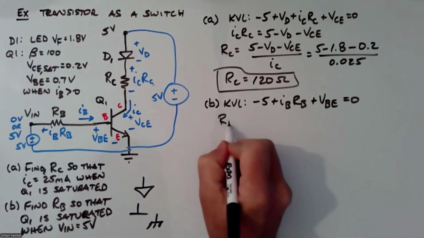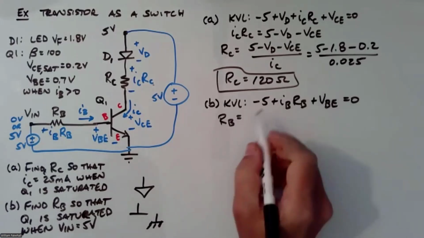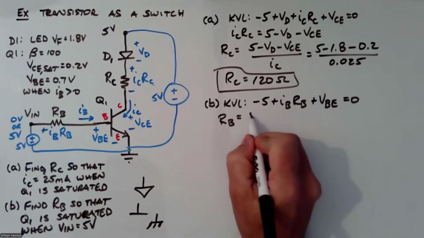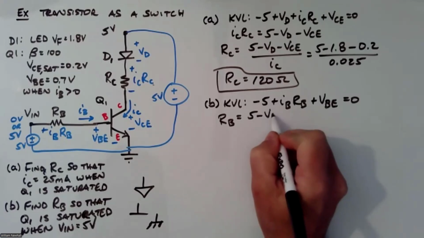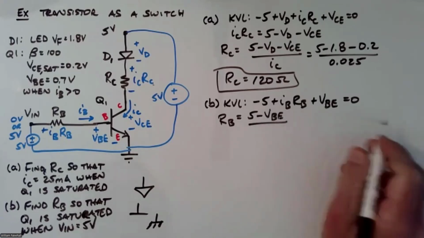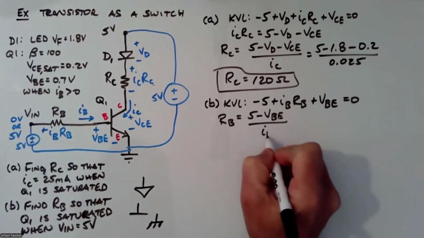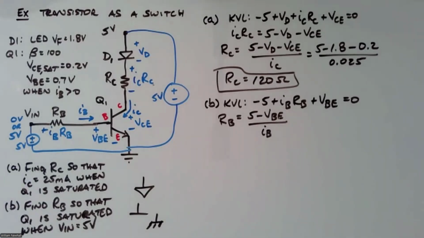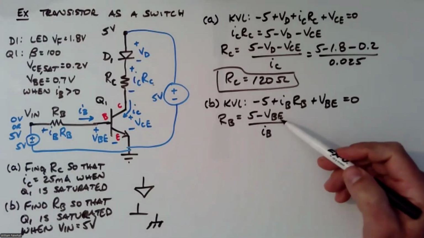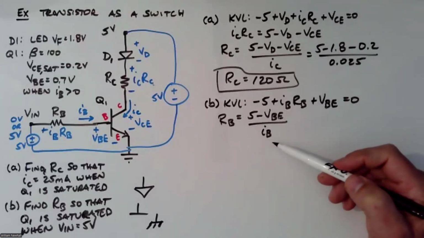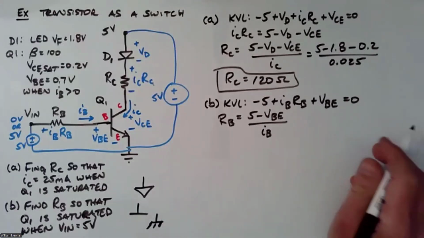So RB equals 5 minus VBE over IB. We know VBE, we don't know what we want for IB yet. So let's figure that out.